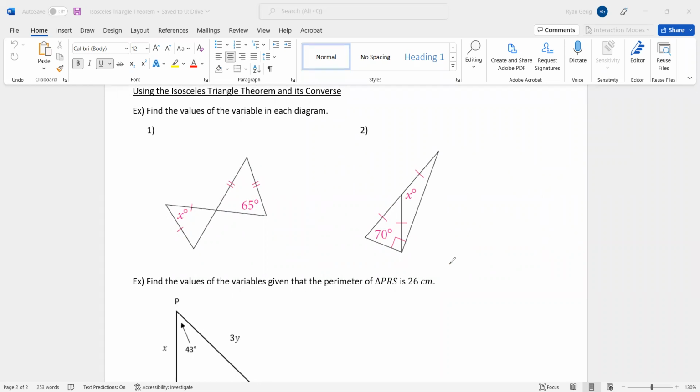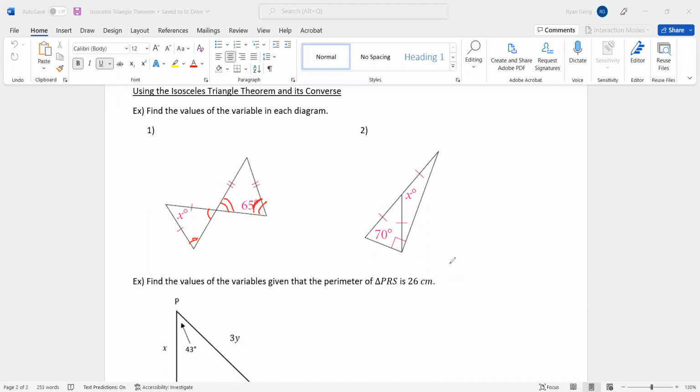I have two isosceles triangles. Okay. So here and here, that shows me that those are isosceles, which means that these two angles right here are congruent. I have another isosceles triangle, which tells me that these two angles are congruent. Notice that it doesn't necessarily mean that these are congruent to these. That does not mean that, okay?